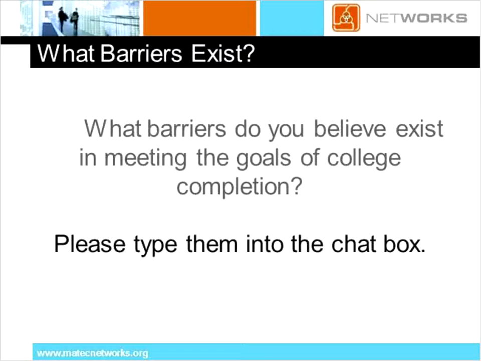When you think of students in your classes, maybe they come in with the motivation of getting a certain certificate or degree and they don't finish. These are barriers to their completion. Or maybe they come in with lack of motivation but have all the skills. What's the barrier there? I'd love to hear from you, and I'll take a look at the chat box now.